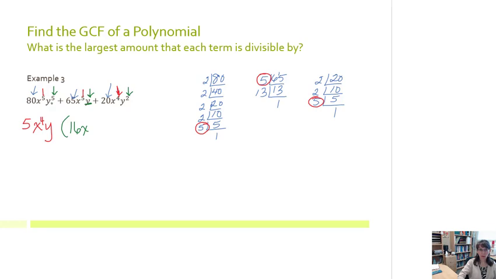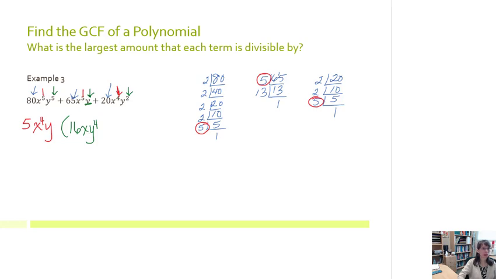We're missing 4. So y to the 4th is needed. What we're actually doing here is applying the product rule of exponents. 1 plus 4 makes the 5. So when you have multiplication of common bases, remember to add the exponents.